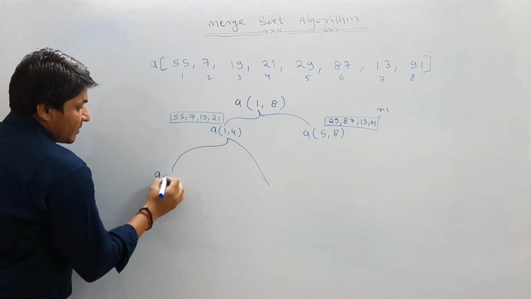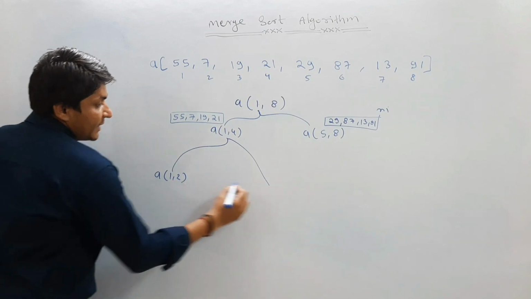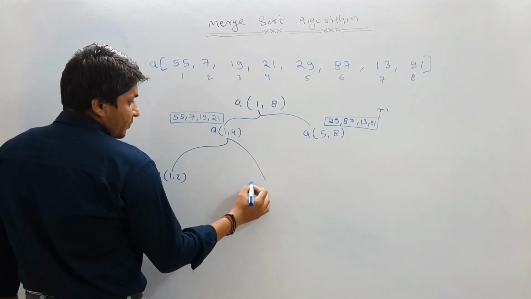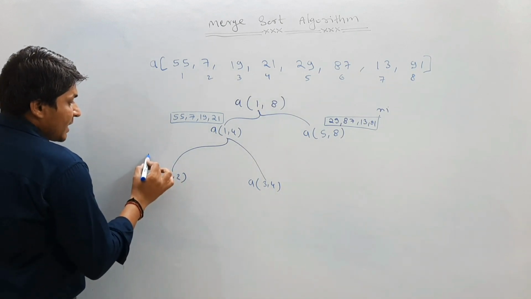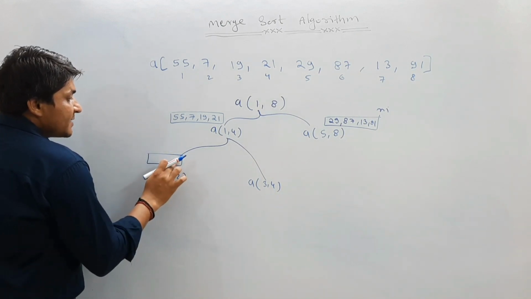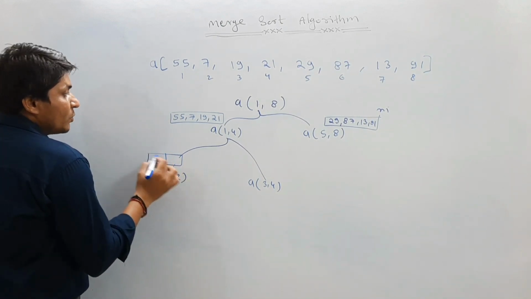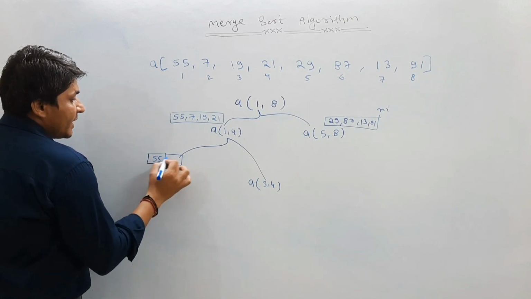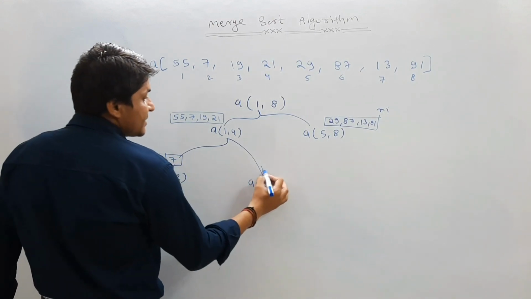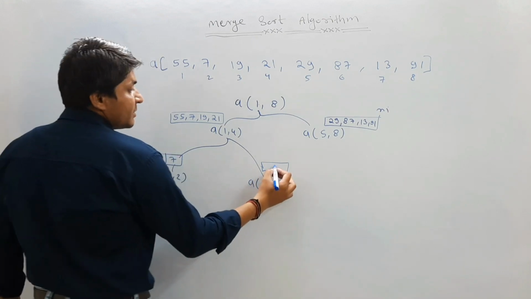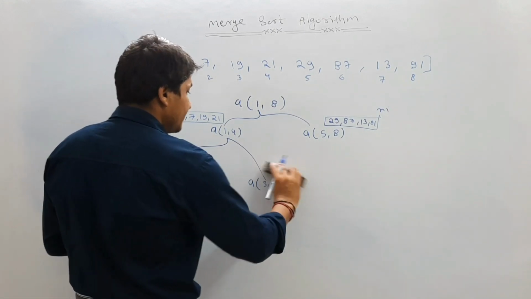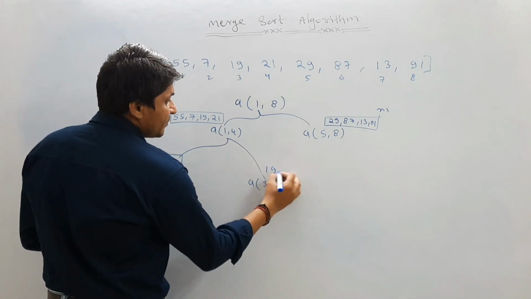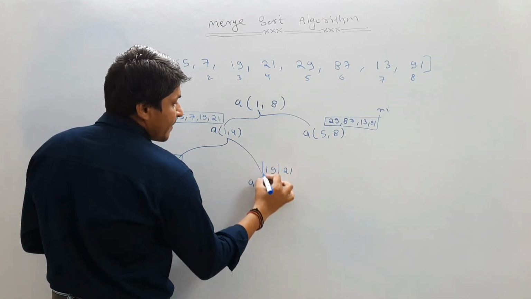So this part will contain 1 to 2, and this part will contain 3 to 4. How many elements does it contain? 2 elements. What are those 2 elements? 55 and 7. Now this part contains how many elements? 2 elements. So 19 and 21. Correct?